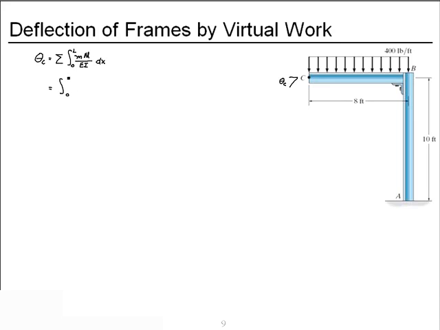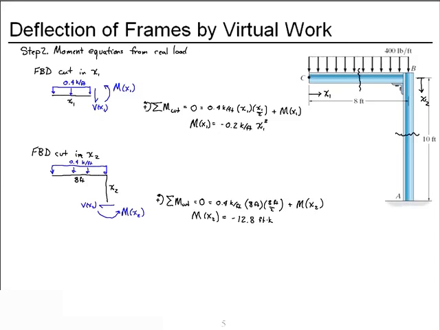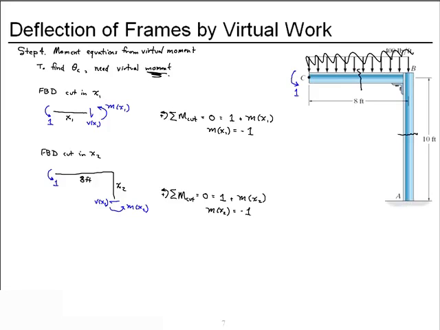We'll start with member CB, so we'll integrate from 0 to 8 feet. The virtual moment in this case is a constant -1, and we'll multiply it by the -0.2 kips per foot x1 squared. So we have the -1, the -0.2 kip per foot x1 squared over EI dx1, to which we add, for member BA, integral from 0 to 10 feet, our virtual moment, for the case where we applied a virtual couple moment, is -1 in the range of x2 as well.